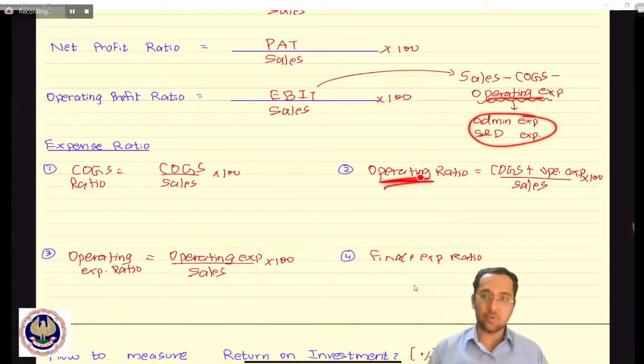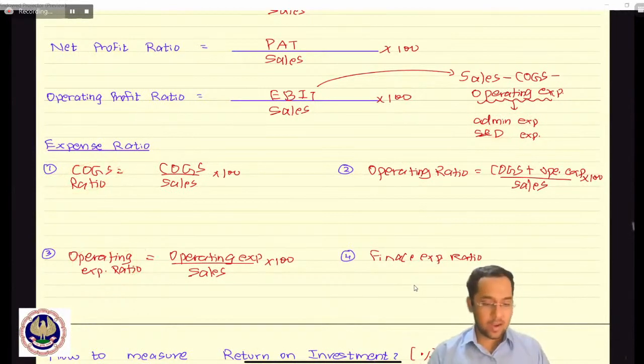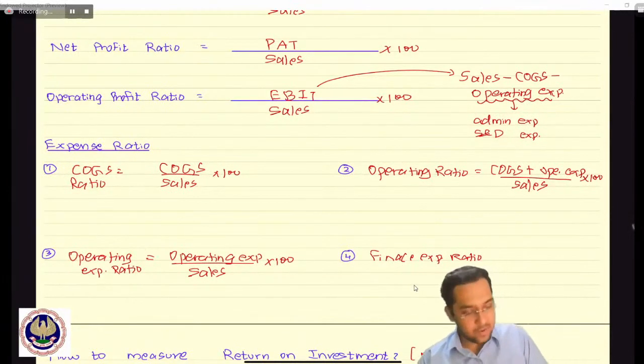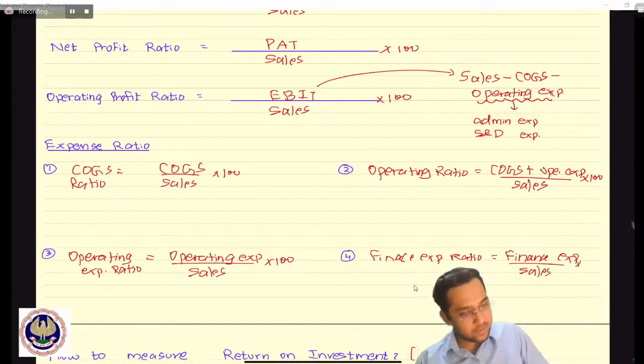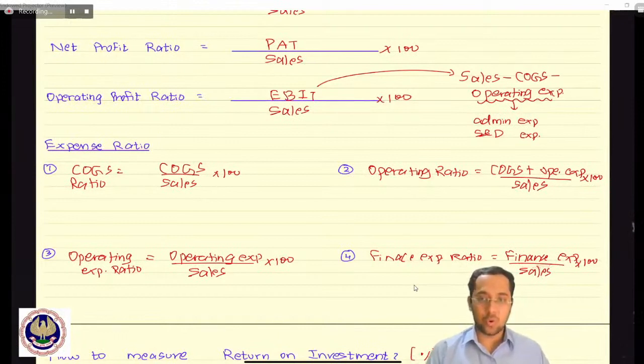So operating ratio considers COGS and operating expenses together. And finance expense ratio is just one and the same, which is finance expense upon sales into 100. So all your finance expenses will include interest or bank charges, all those things. This finance expense is not going to include any sort of taxes or anything like that.